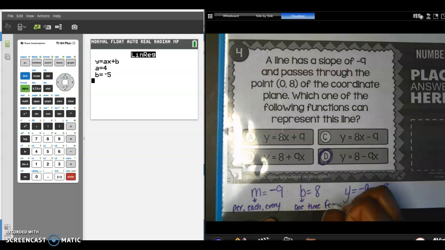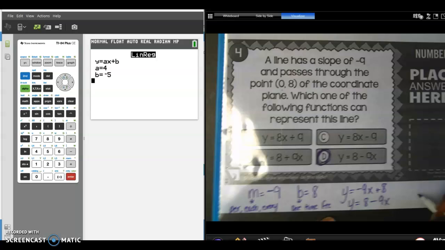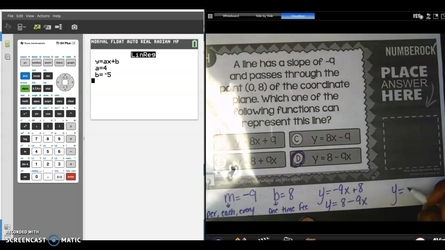It's where you begin. So remember with word problems, per, each, and every represents your slope, and your y-intercept represents numbers that do not repeat. It's a one-time fee. It's a beginning point, and it's always in the form of y equals mx plus b.